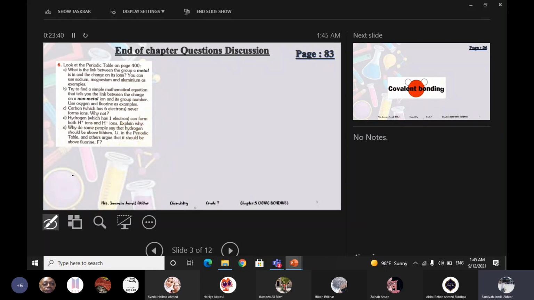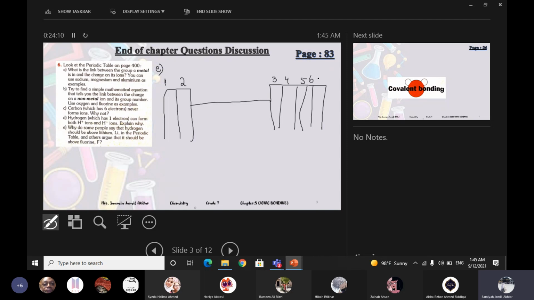Now part E is, why do some people say that hydrogen should be above lithium in the periodic table and others argue that it should be above fluorine? Okay, now in the periodic table, this is group 1, group 2, then the middle block, group 3, 4, 5, 6, 7, and then 8.